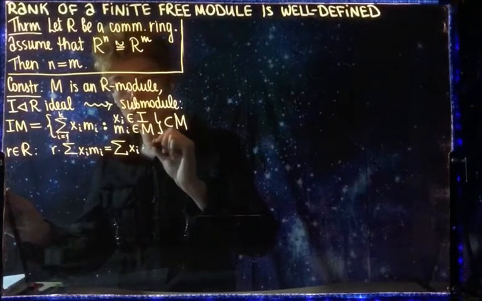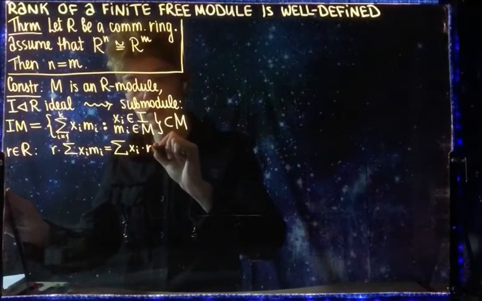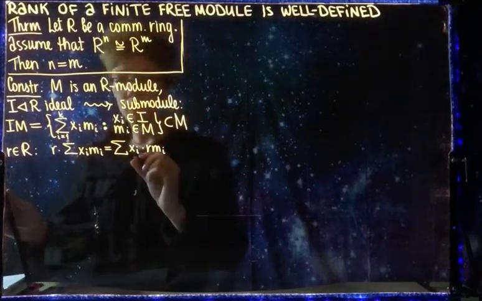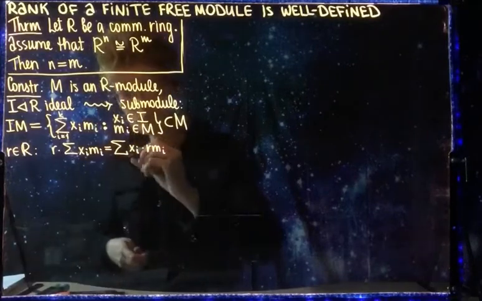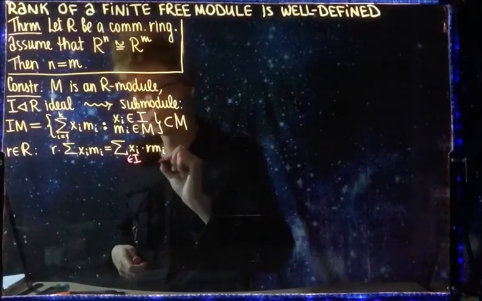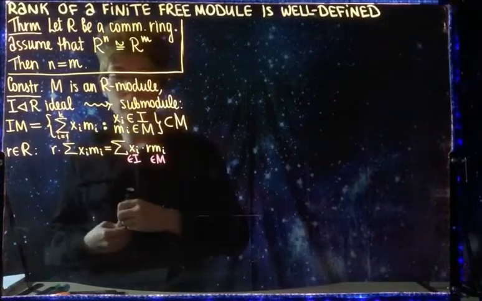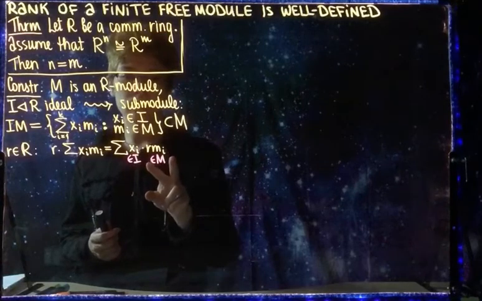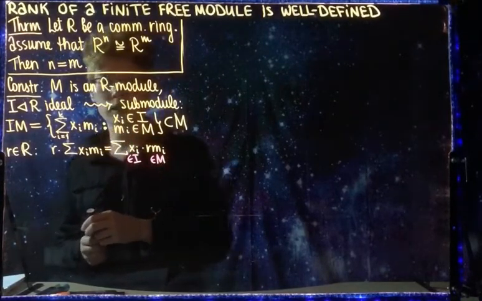And by commutativity, I get that I can write it as xi times r mi. And so xi is still in the ideal, and r mi is in the module M. And so we again got an expression of this form, a linear combination of elements of M with coefficients in I.